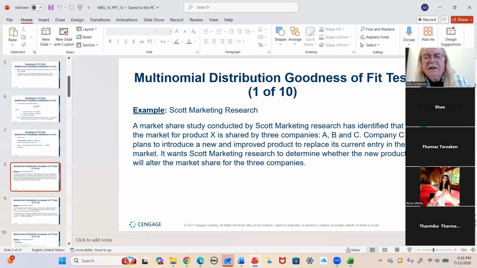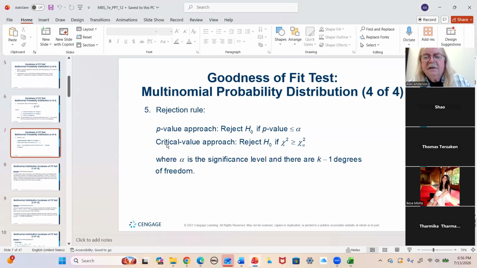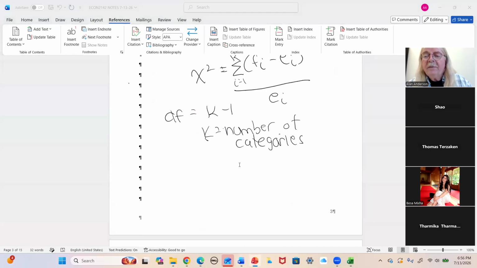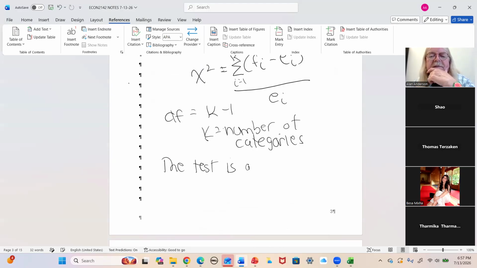All right, and then the test statistic. Oh, by the way, I almost forgot to mention, because of the way this is constructed, the test is always conducted as a right-tailed test.